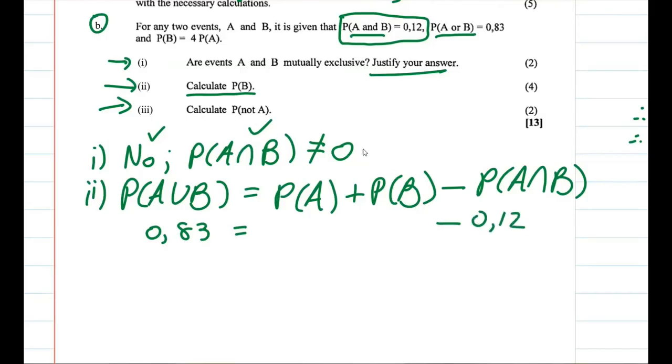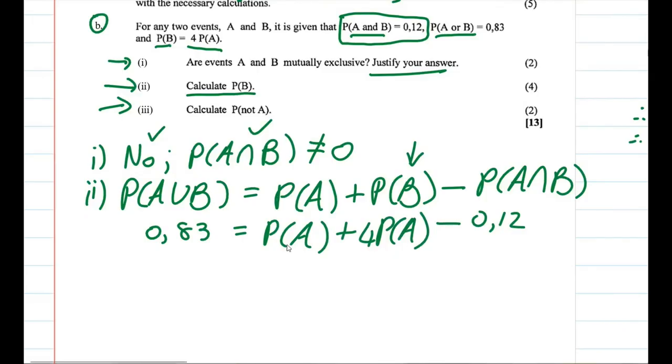Now, we don't know what the probability of A is. We don't know what the probability of B is, but it's okay because they say the probability of B is equal to 4 times the probability of A. So we can rewrite the probability of B as what? 4 times P(A). All right.